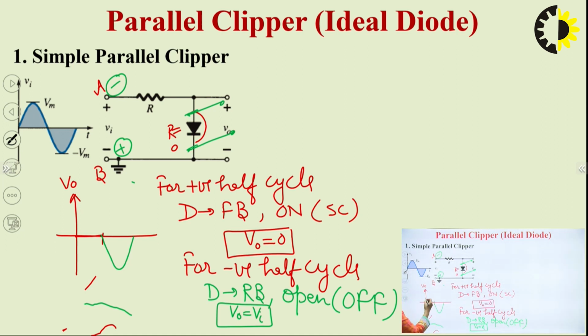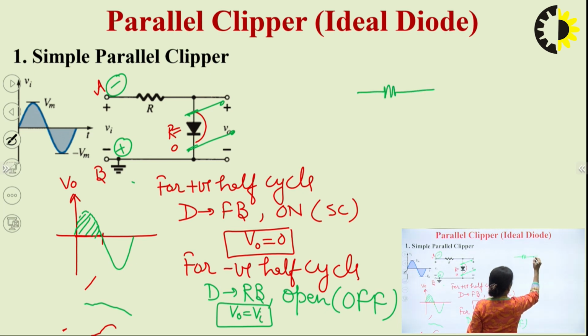So here we can see that our positive half cycle is clipped off. That is why it is a positive clipper. Suppose I change the orientation of the diode like this.